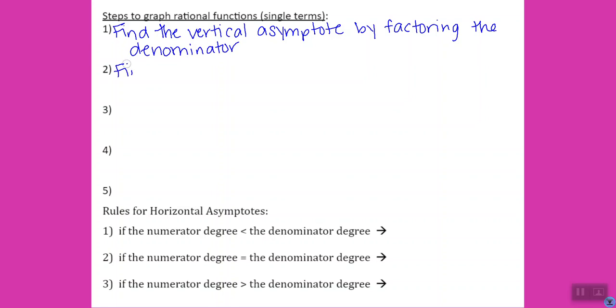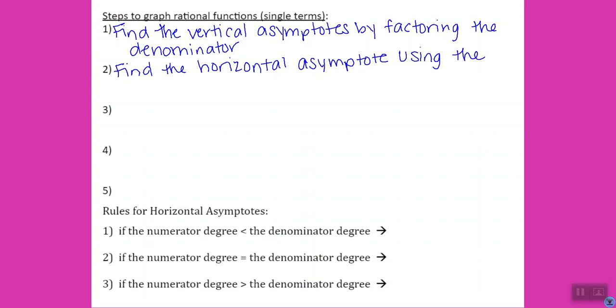Next, we're going to find the horizontal asymptotes. We'll be doing this by using the rules that you see below. These rules down here.